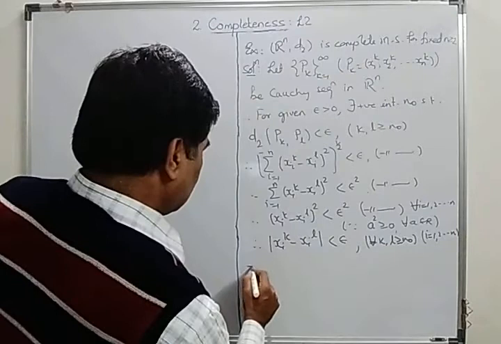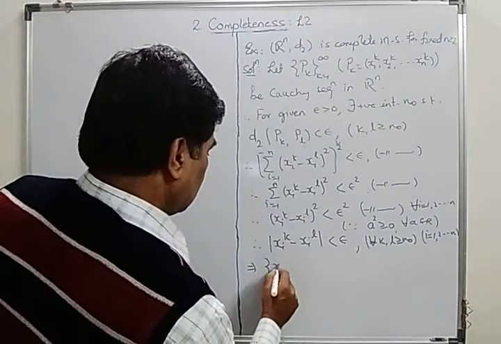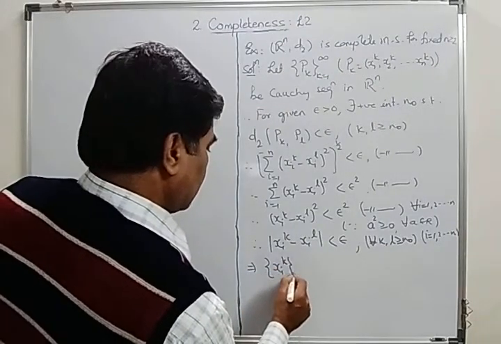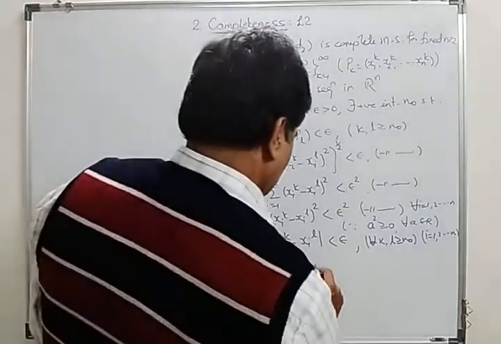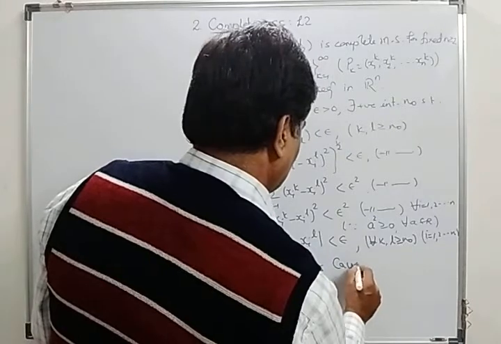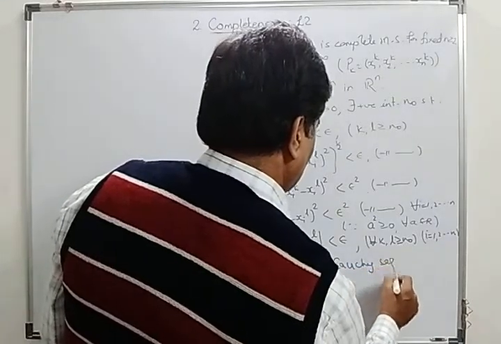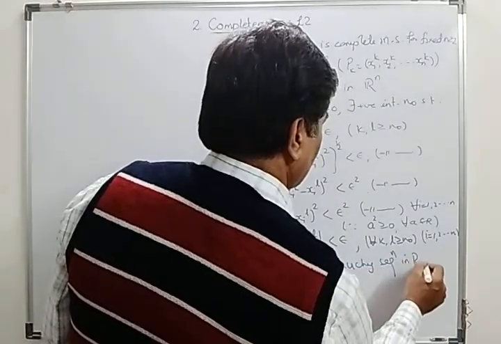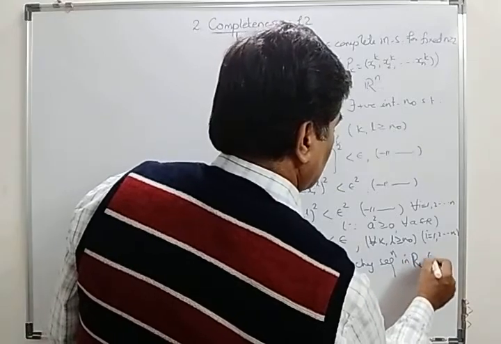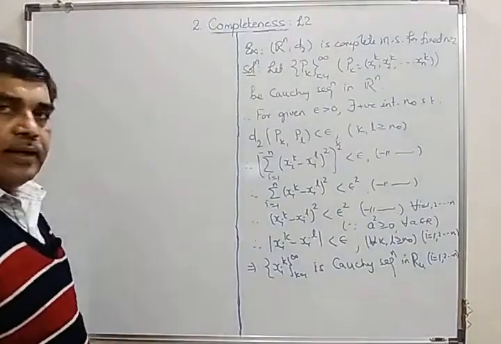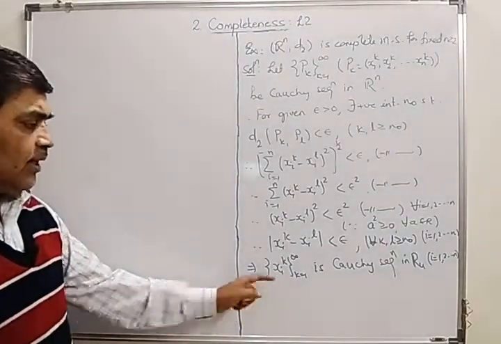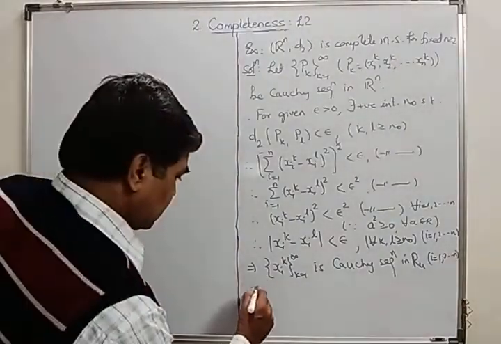What this implies is that (xik), k equal to 1 to infinity, is a Cauchy sequence in R for every i. Now we proved that R is a complete metric space.